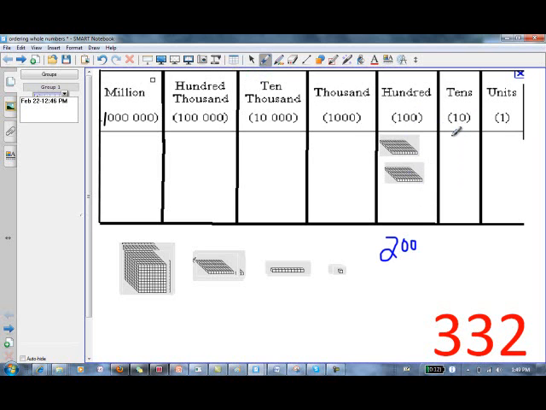If there were 200 here, we would still have a lot to go. So what if we put 13 tens into the column? Let's try that and see if it works.